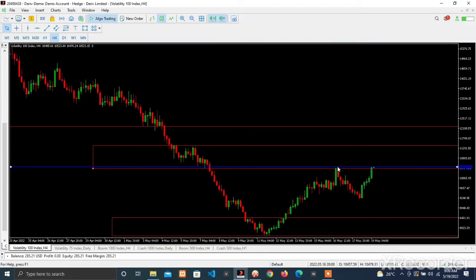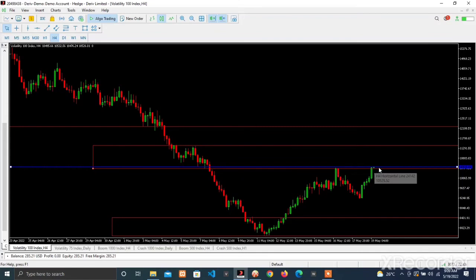But since the market has already tested this zone before, and this is the second time, and we are seeing two rejections here, the market can give us a buy signal here, or it can decide to sell. That's why we are still using support and resistance.